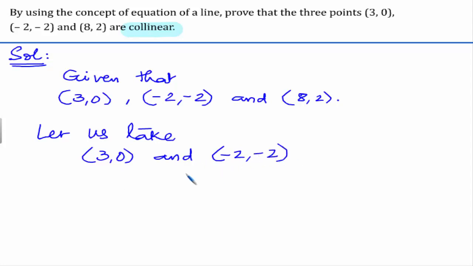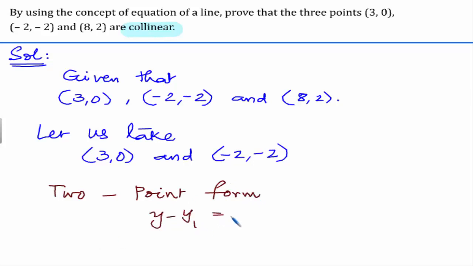Now we will find the equation passing through these 2 points using the 2-point form, which is y minus y1 is equal to y2 minus y1 by x2 minus x1 into x minus x1.